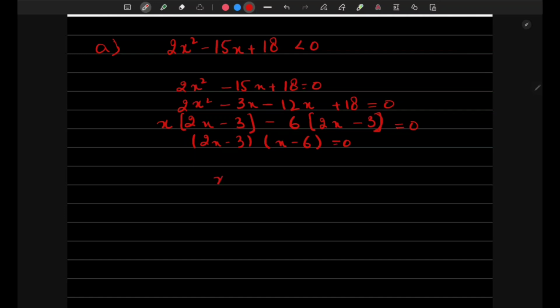Now we have two roots of x: x = 3/2 and x = 6.